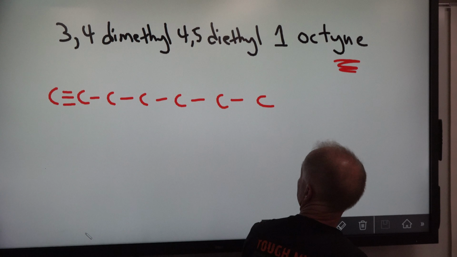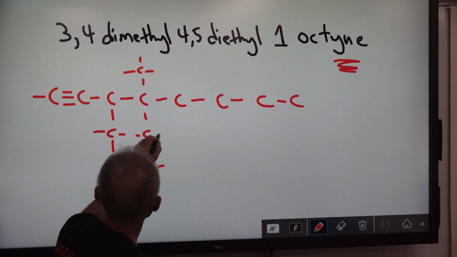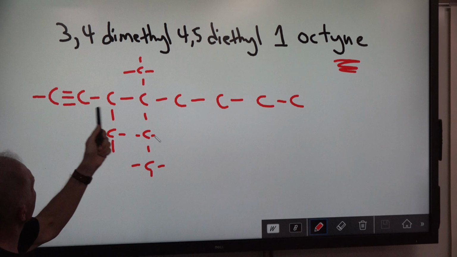Now it says 3,4-dimethyl. So 1, 2, there's 3, and there's our methyl. Here's 4. I can put 1 up here if you want. 3,4-dimethyl. And then 4,5-diethyl. So there is an ethyl there at 4.